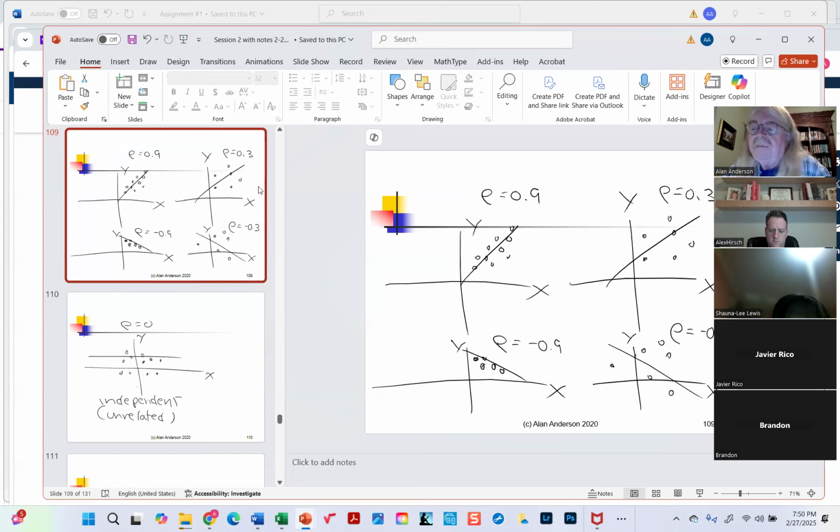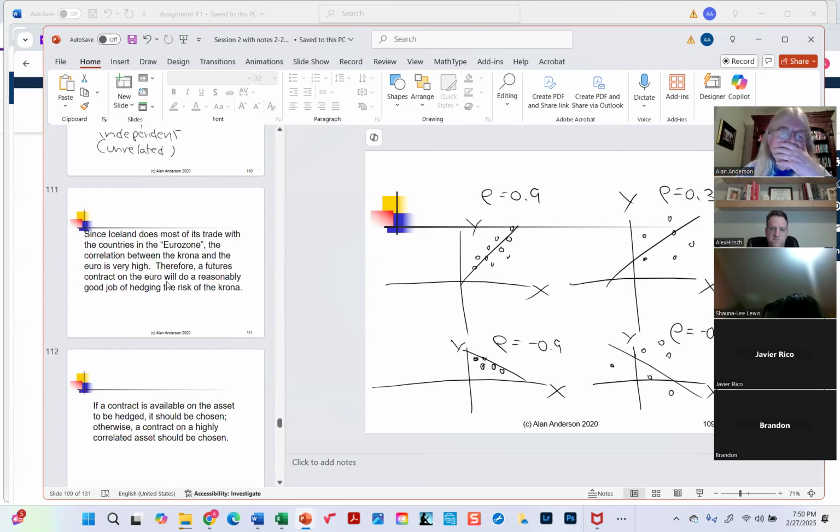The Eurozone members, the ones who use the euro. So it stands to reason that the economy of Iceland is heavily related to the economy of the Eurozone countries. So the correlation would be very close to 1. So why does that matter?